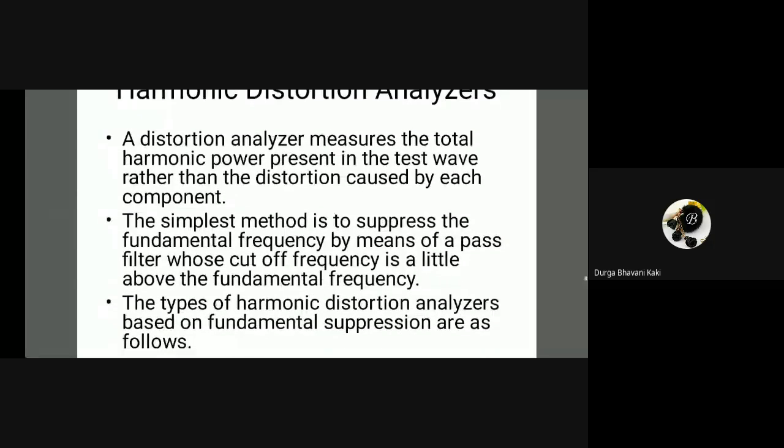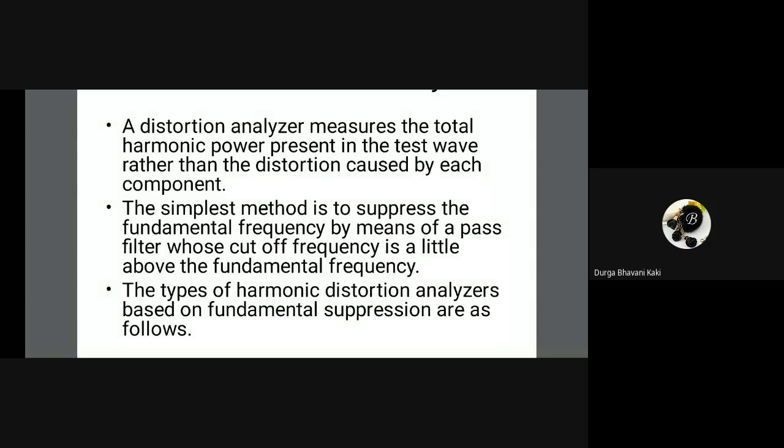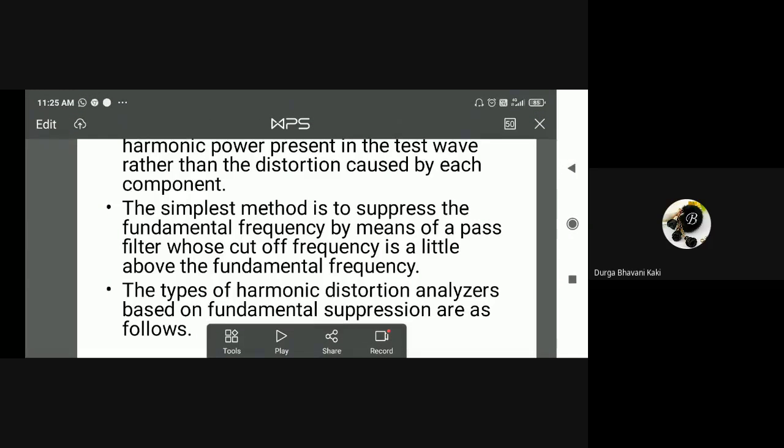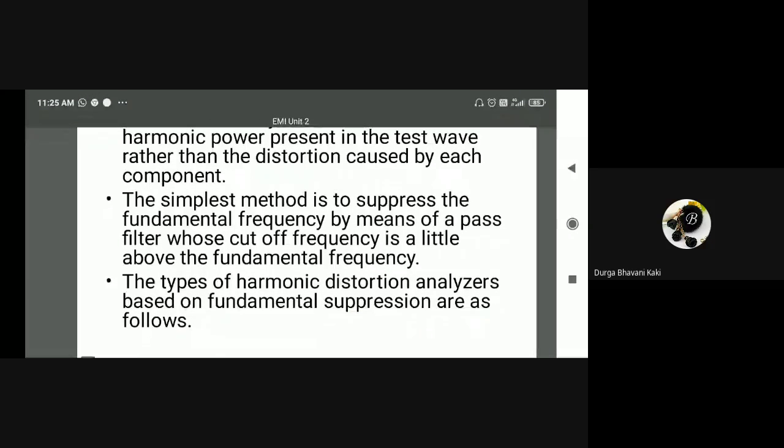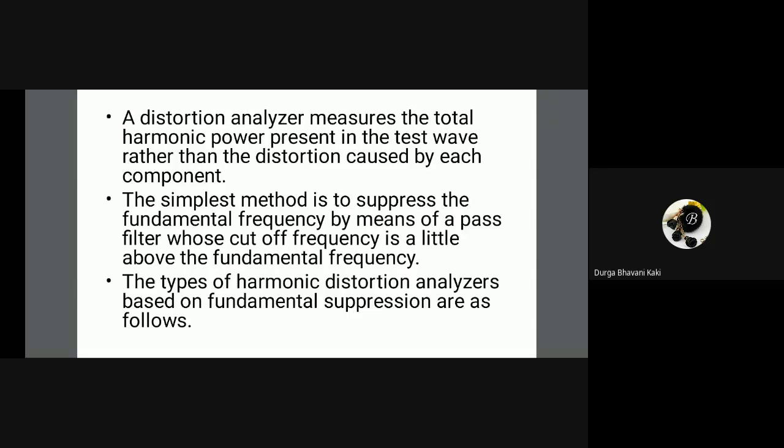The simplest method is to suppress the fundamental frequency by means of a high pass filter whose cutoff frequency is a little above the fundamental frequency. The types of harmonic distortion analyzers based on fundamental suppression are as follows.